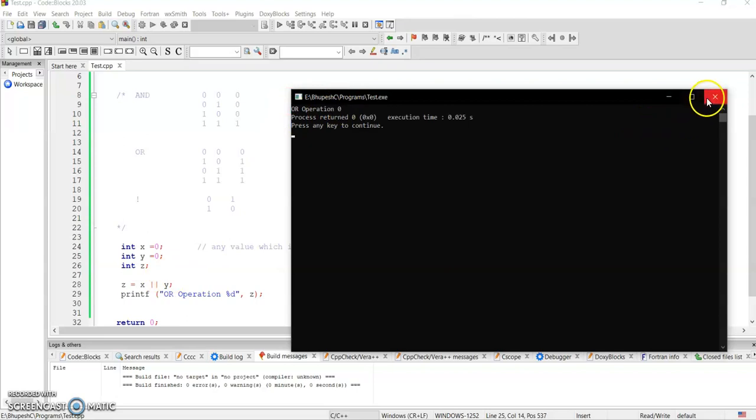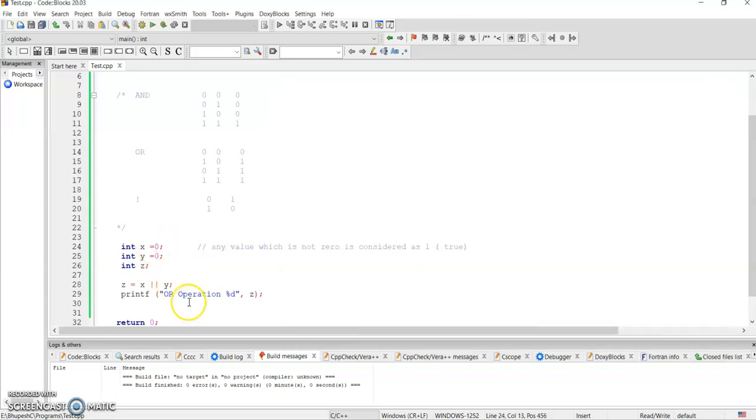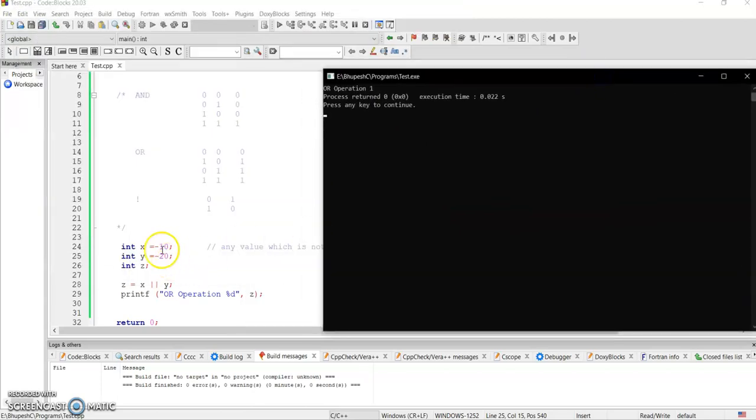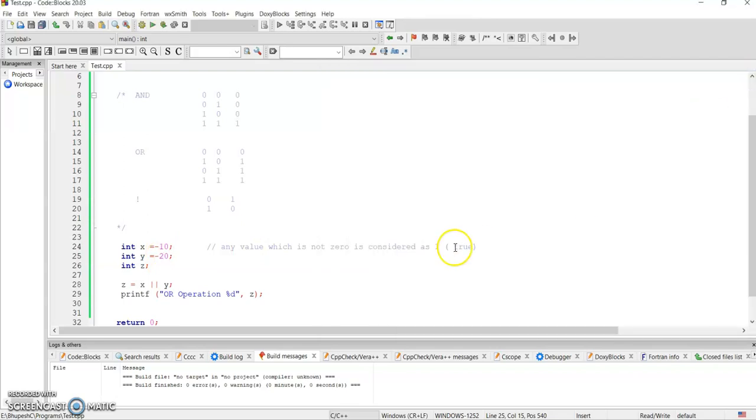And both negative, minus 10, minus 20. Let me execute again. Yes, OR operation with minus 10 and minus 20 also gives 1. Great. So what we have understood is that any value which is not 0 is considered as 1.